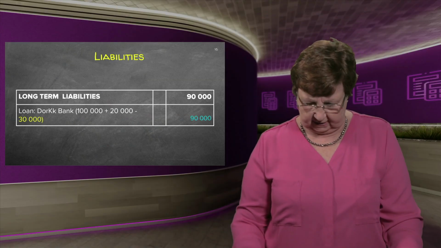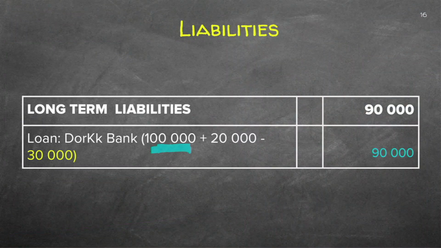So let's have a look at it. Here I have my loan amount of 100,000 plus 20,000 Rand, which would be the interest on the loan, minus 30,000 Rand. So in the coming year, I will repay 30,000 Rand of the loan. Again, I'm emphasizing we have to convert the long-term loan to the short-term liability or short-term loan.